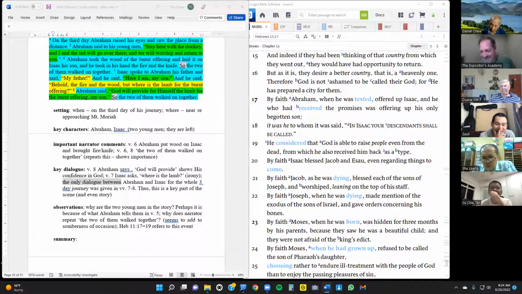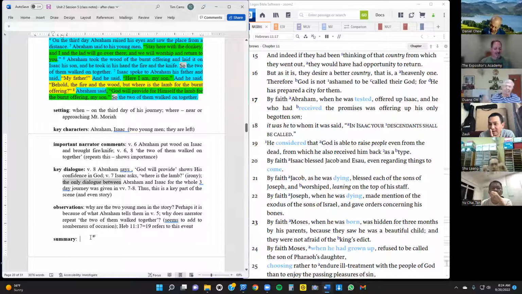That's fine. But my mind is that the two of them walk on together is the same sentence, but it's going in two different directions. That's my observation, because the first one is they are going towards the place. The second one is they are coming back to the place.